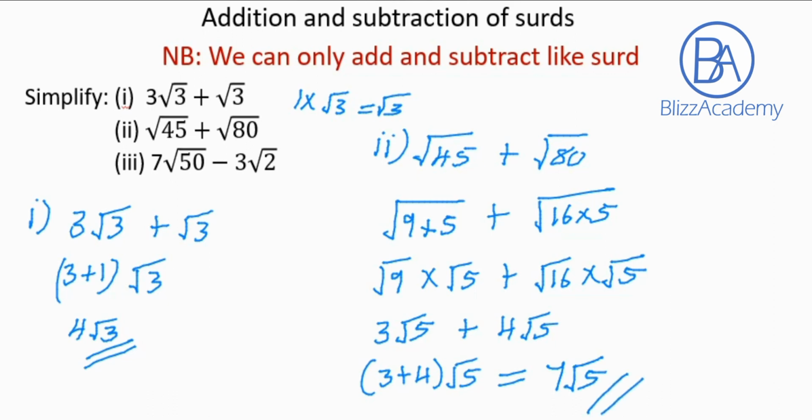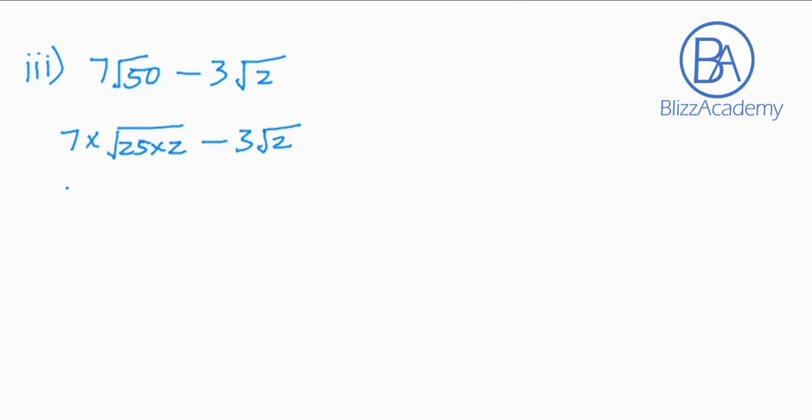Okay. Now let's take the last but not the least. The question is: simplify 7 root 50 minus 3 root 2. In this case, this is the same thing as saying 7 times the square root of 25 times the square root of 2 minus 3 root 2.